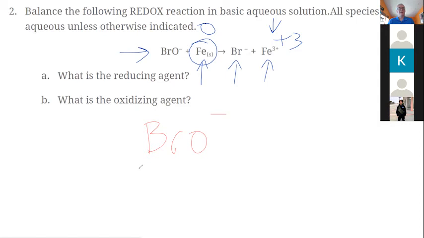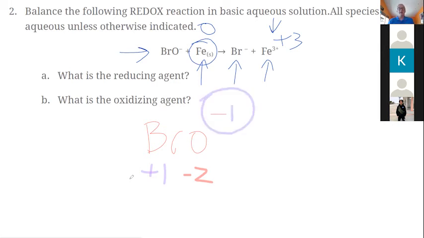Because the oxygen is -2, and then the overall thing is -1. Right. There's no way to know what the oxidation number of bromine is until you figure out what the oxidation number of the oxygen is. And oxygen is bound to something other than itself, so it's going to be -2. And if that's the case, bromine's got to be +1, because when you add the two of them together, you get -1, because that's the charge.